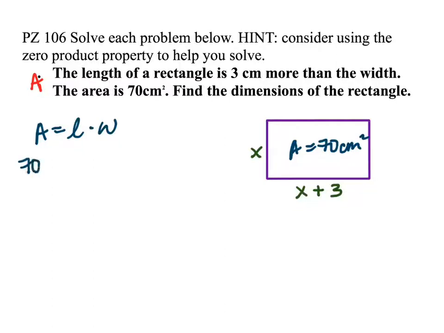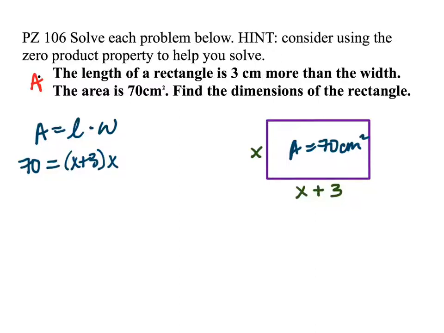So I know that really 70 centimeters squared should be equal to x plus 3 times x. I'm actually going to make that a little neater. So x plus 3 is that length, and x is my width.